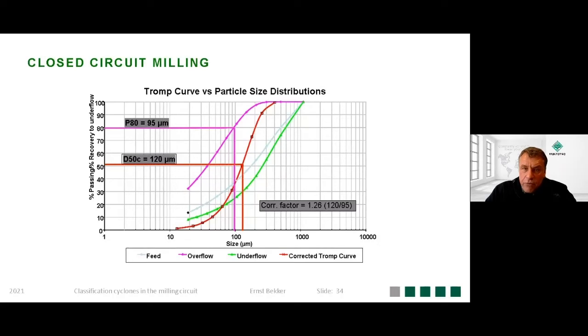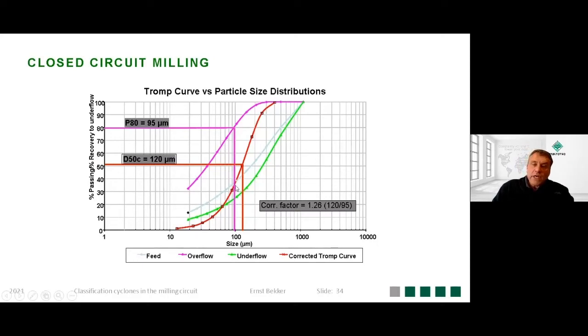One is often we get the question, why is the cyclone cut point coarser than the grind of the circuit? And unless you are looking at the total picture, it's very difficult to visualize that. There's the grind and there's the D50. When you go to P90 and P95 values on a grind circuit, you will find that your cut point will be finer, or a lower value, than your P95 value.